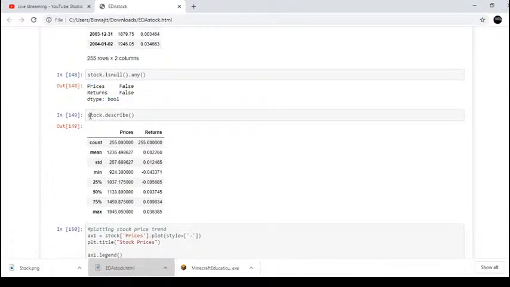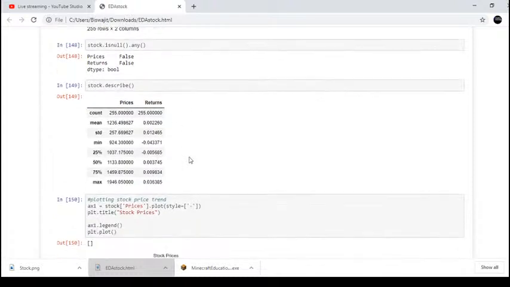And then I'll get the basic summary statistics of the time series. In time series analysis, summary statistics are equally important as in cross-section data analysis or in panel data analysis.